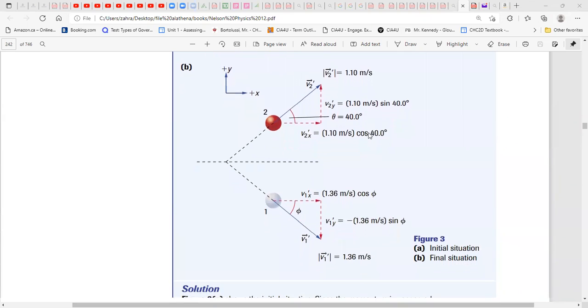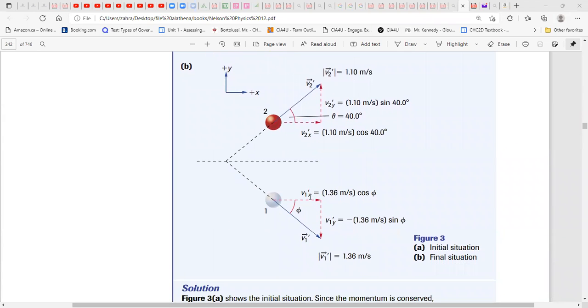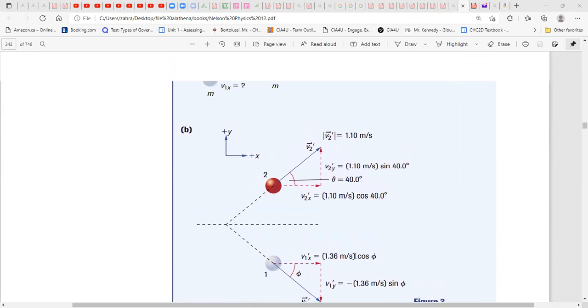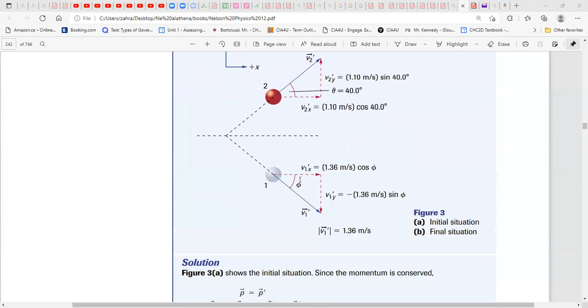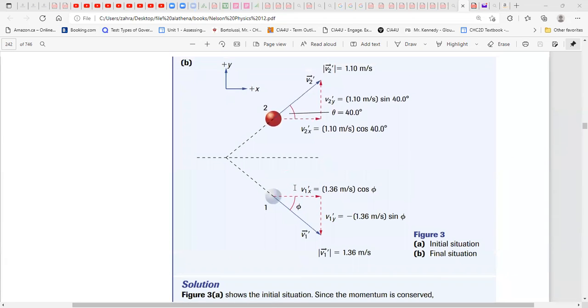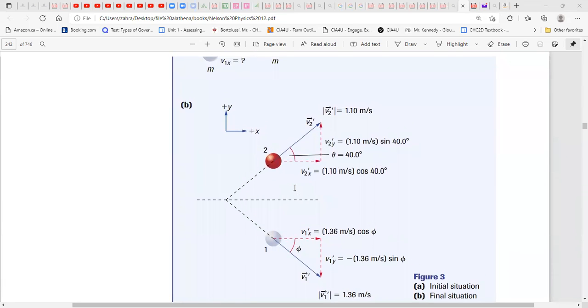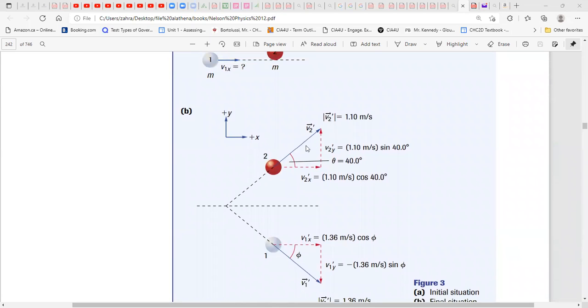After collision, we will have the speed of 1.36. So this is the situation. This one is coming, this one is at rest, so it hits that. This one goes off at an angle and this one goes off at an angle. You do not know the angle here. So in this situation, you need to find the x and y component of each velocity. With theta, the x component is adjacent, so cosine: 1.1 cosine 40.